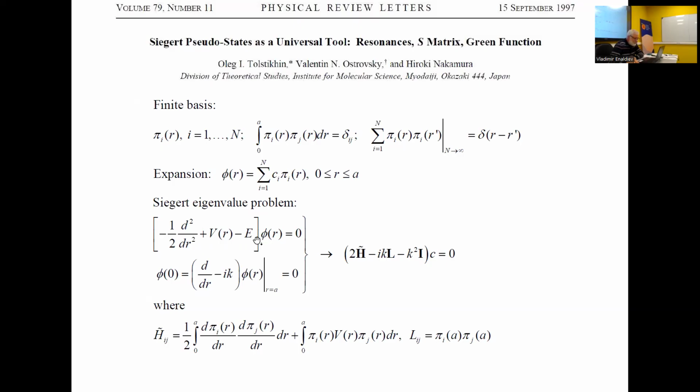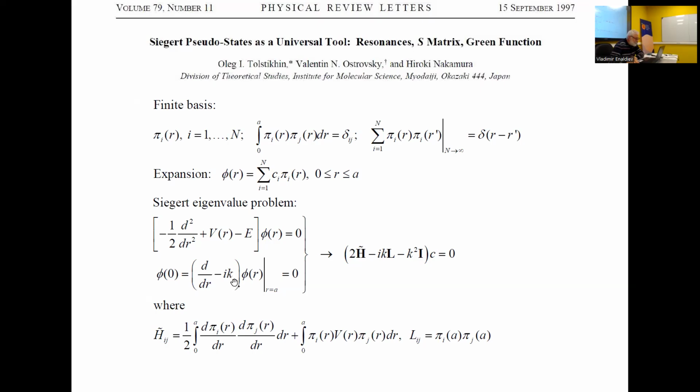Let's multiply the Schrödinger equation from the left by one basis function and substitute for phi this expansion. When you multiply from the left and integrate from 0 to a, treating the second derivative term by integrating by parts gives you first this term, which is the hermitized Hamiltonian. But in addition, it gives a surface term.